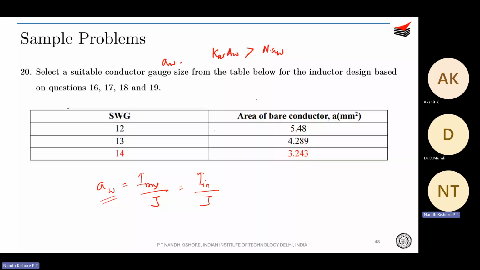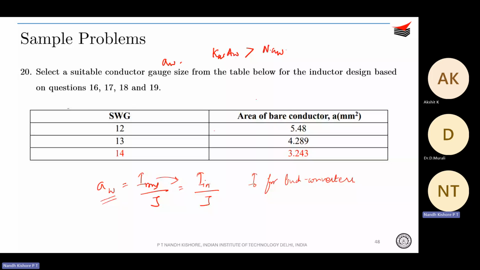Correct. For boost converter, IRMS is I in. If it was a buck converter, it would have become I naught. So you need to consider the current as suitable. For boost converter, it is I in. For buck converter, the inductor is on the output side, so it is I naught.